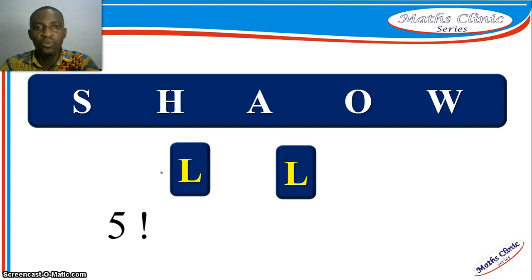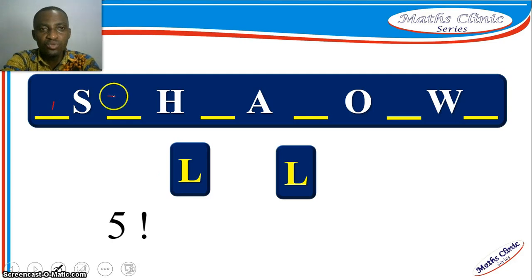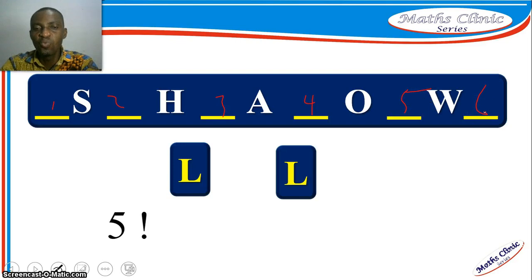So now we have 5 factorial ways in arranging the word S-H-A-O-W. Like we said, how many slots do we have here to arrange the L's? We have 1, 2, 3, 4, 5, 6 ways of arranging. And so we can say the first letter can position itself 6 times, right?